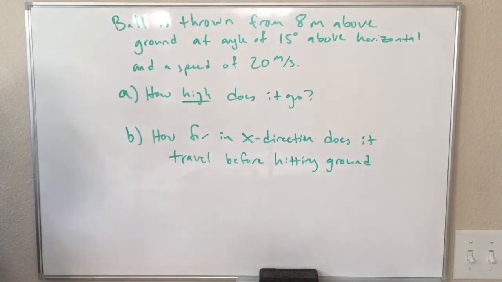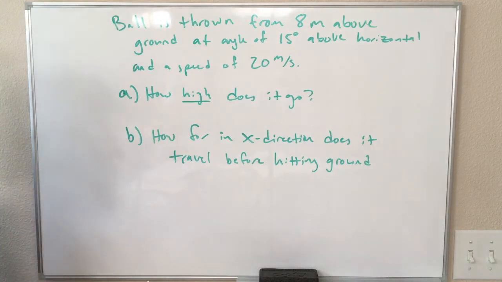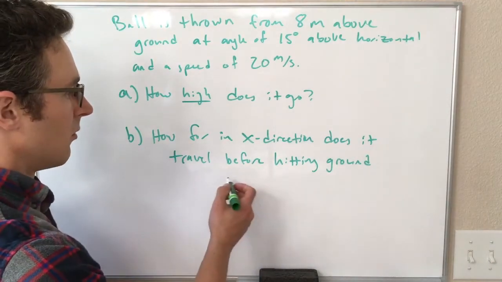A ball is thrown from 8 meters above the ground at an angle of 15 degrees above horizontal and a speed of 20 meters per second. Part A asks, how high does it go, implied at its highest point? Part B, how far in the x direction does it travel before hitting the ground? And when we say before hitting the ground, really this means when it hits the ground.